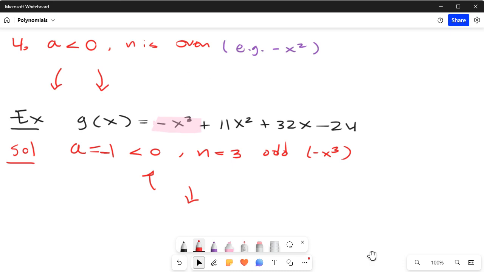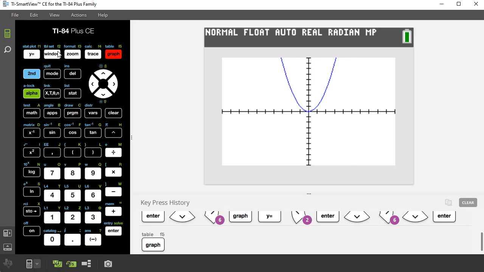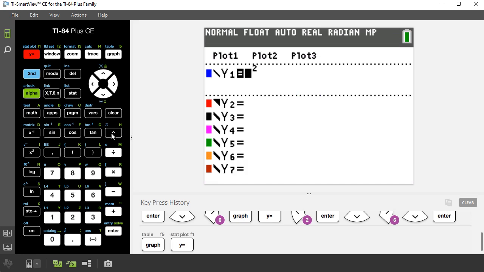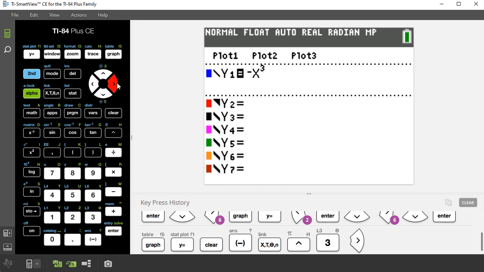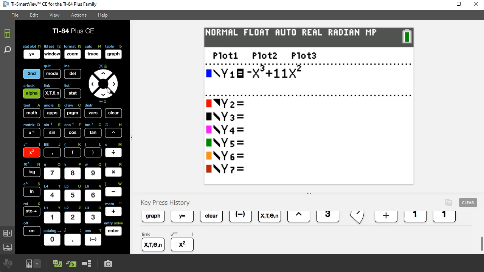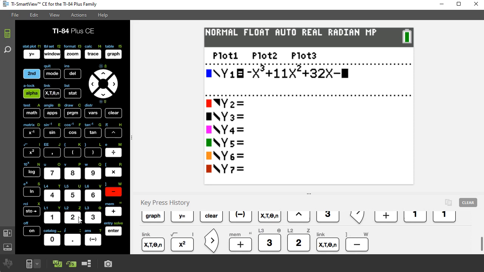Now, if we were going to look at this in our graphing calculator, we could say, we have negative x to the third power, plus 11x squared, and then plus 32x, and then minus 24.